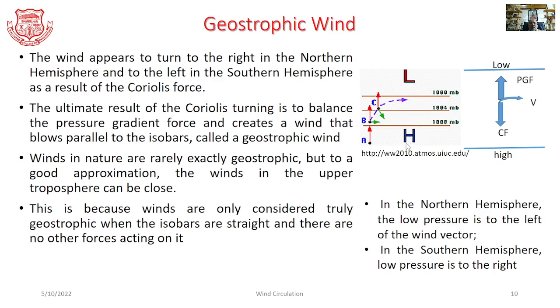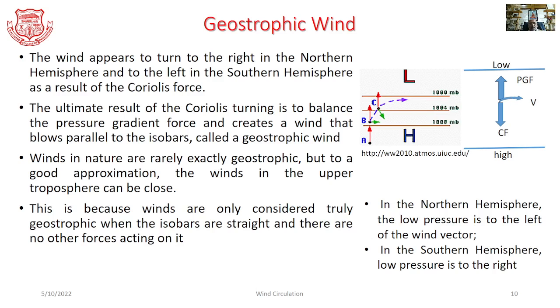The ultimate result of this Coriolis turning is to balance the PGF and creates the wind that blows parallel to these isobars. So the wind caused because of the balancing of the pressure gradient force and Coriolis force, and hence the movement parallel to the isobars, will be inducing geostrophic winds.